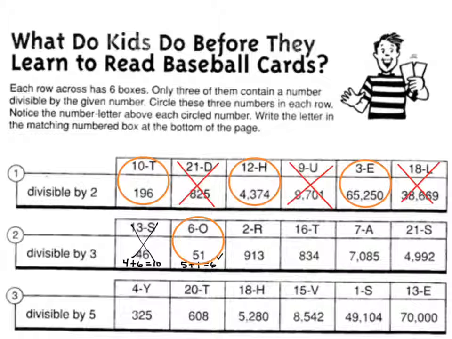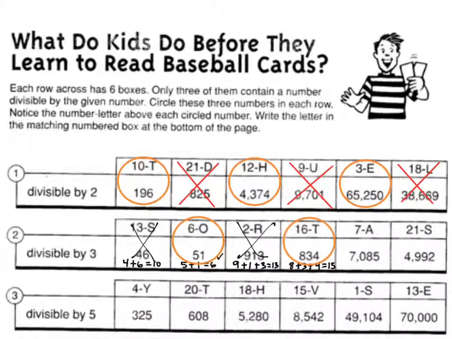Now we have 9 plus 1 is 10, plus 3 is 13. And that doesn't work, so let's go ahead and cross that off. 8 plus 3 plus 4, well, that's 15. And 3 does go into 15, so we can go ahead and circle this one.